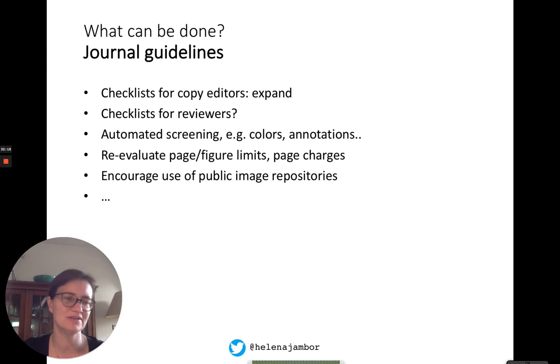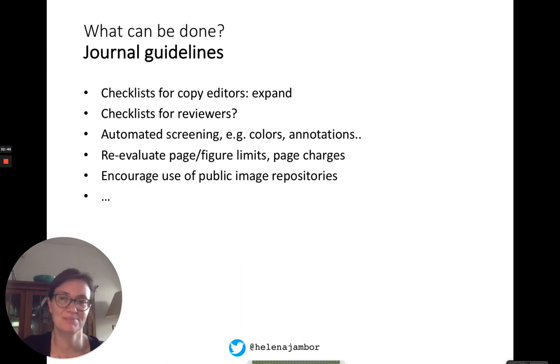So at the moment they rarely contain questions about image legibility. We can also argue a case that journals have improved checklists for reviewers, but we should not forget that reviewers already have to do a lot of work and might not be willing to do even more.